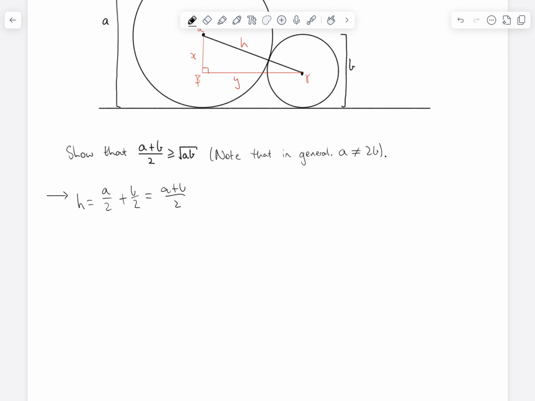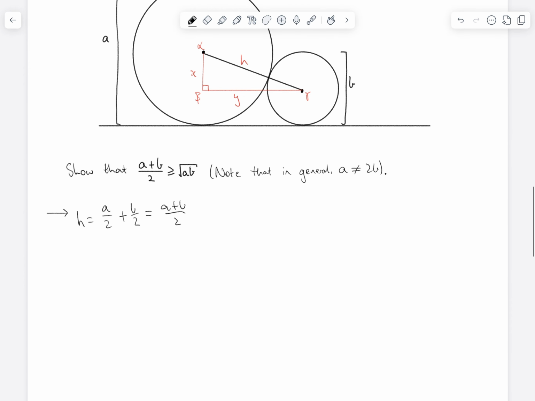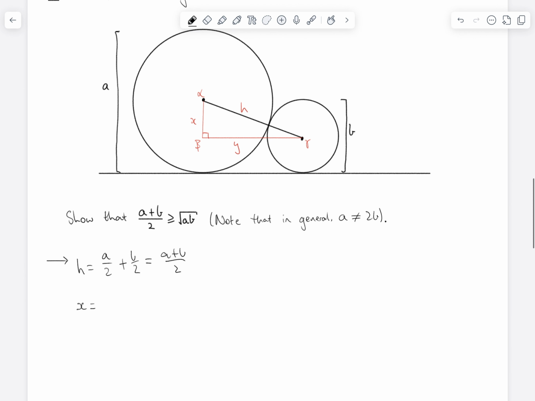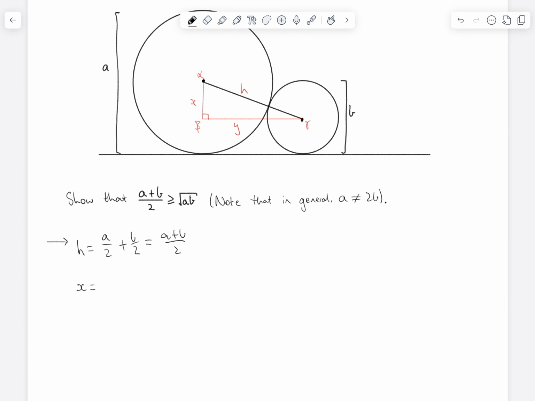We can find an expression for x as well. So that's h, and x. So what can we do for x? Oh yes, what we have for x is an expression here, a over 2.